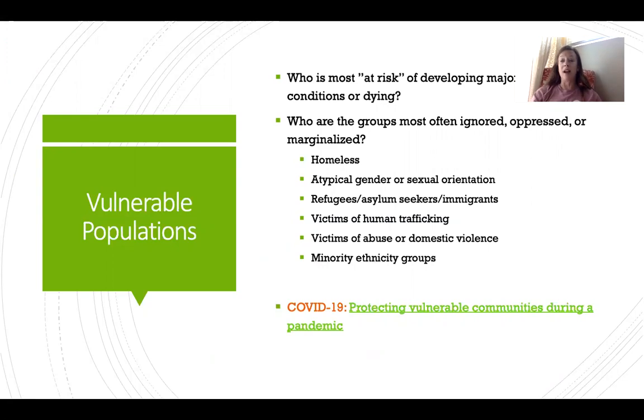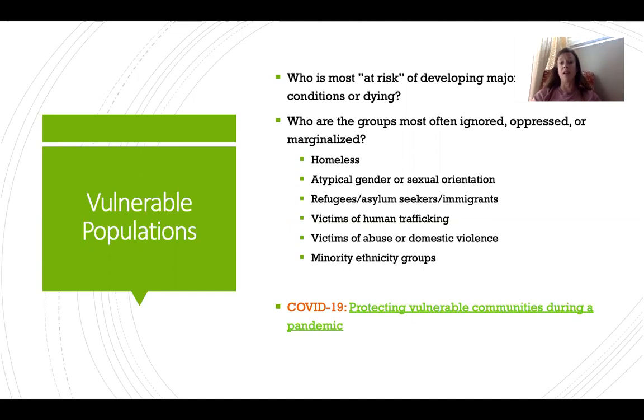So things like not having a home, having atypical gender or sexual orientation, as you can imagine, that comes with a lot of stigma and mental health conditions. Refugees, asylum seekers, immigrants, people who don't have the same access to healthcare and to employment, and sometimes to housing that US citizens have.